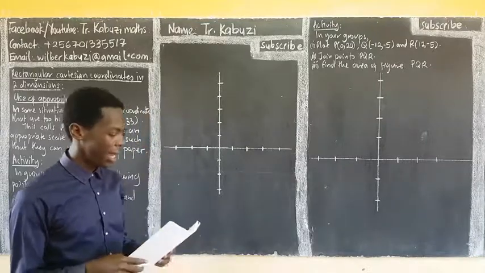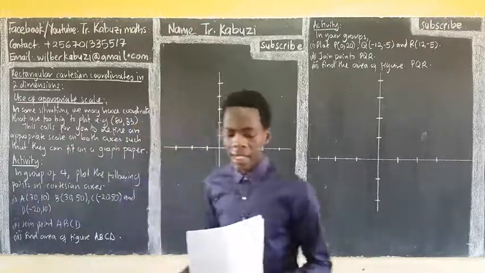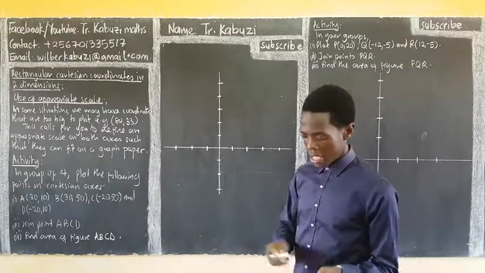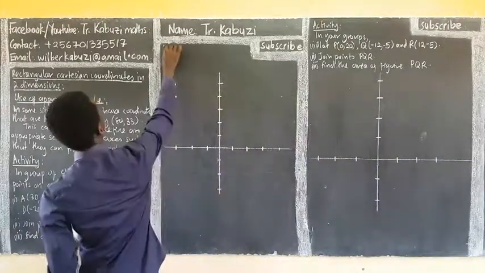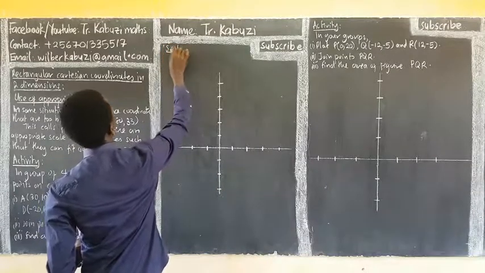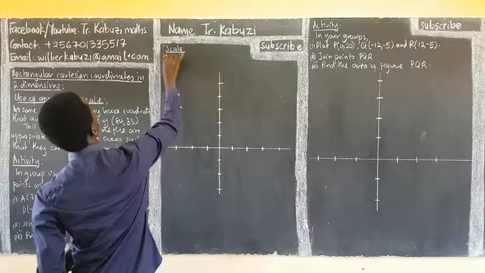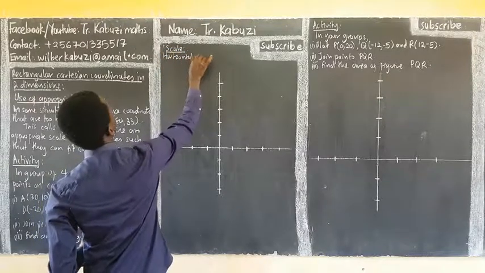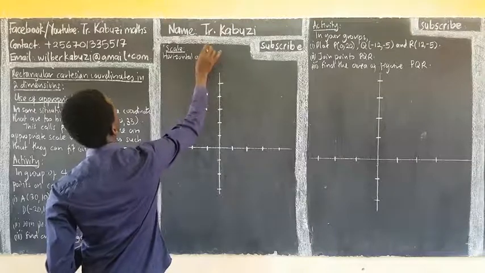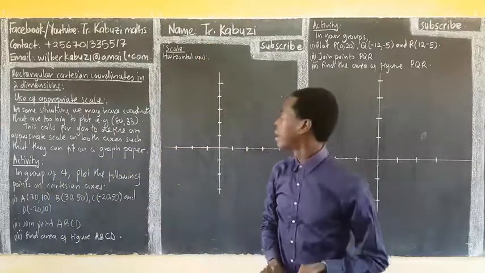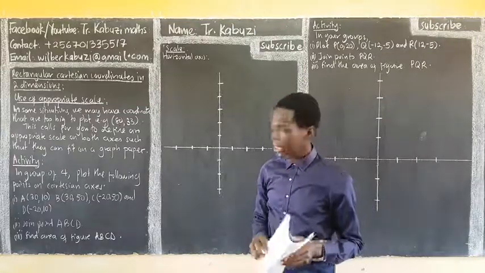So group A, they started by defining the scale. They wrote here, scale, horizontal axis. They are saying 1 centimeter is representing 10.